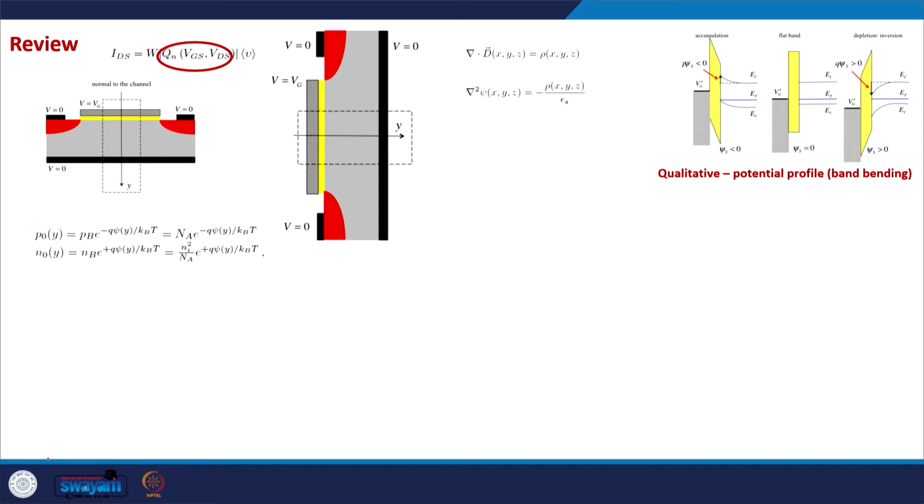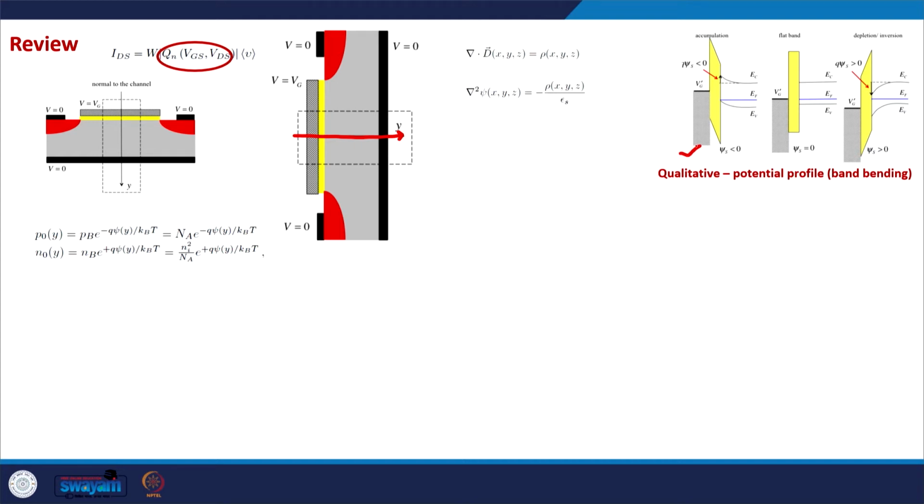So just to quickly review, in order to understand this 1D electrostatic picture, we tilt the MOSFET in this direction so that this y direction becomes the horizontal direction, and the bands look like this in various regimes of MOSFET operation.